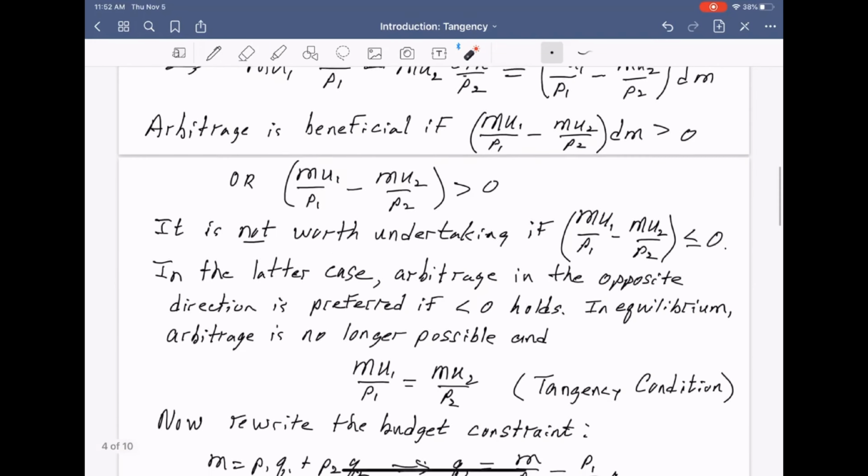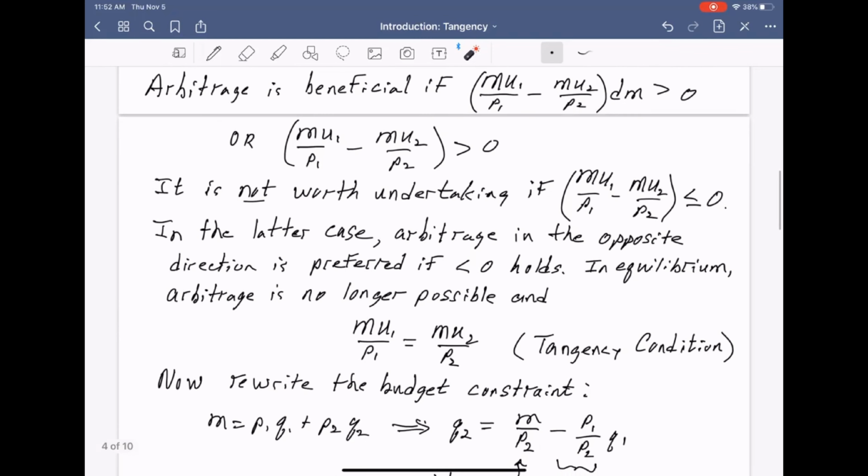So in that case, arbitrage in the opposite direction may be preferred. Instead of giving up Q2 to get Q1, we give up Q1 in order to get more of Q2.